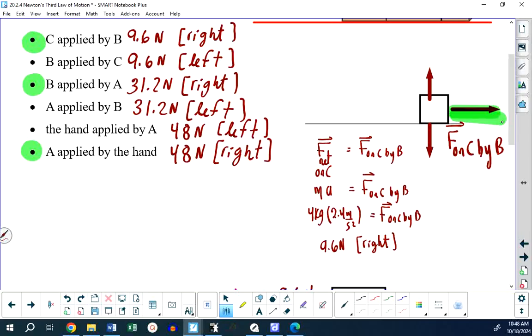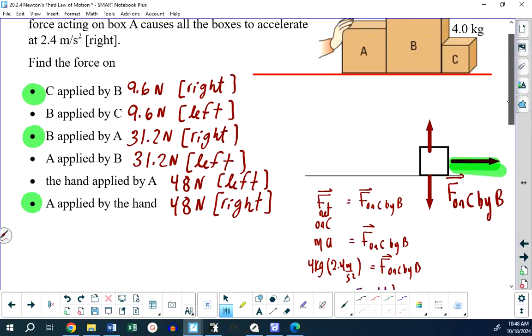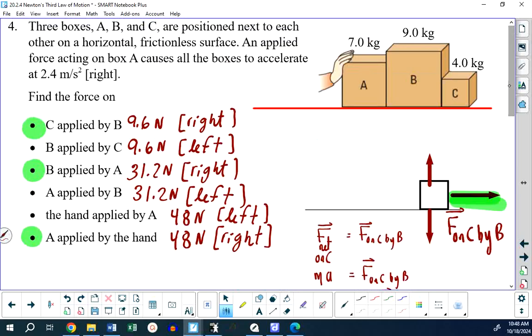But I want you to do a calculation for me. Let's say I told you these boxes were not stuck together. They're just touching each other. Well, imagine that they are stuck together. Imagine I glued them together. So there's really only one object. And the force of 48 newtons is being applied to that one object. What will the acceleration of the object be? Well, as a whole, F net will equal that 48 newtons.